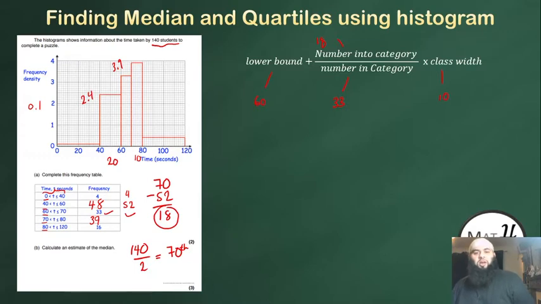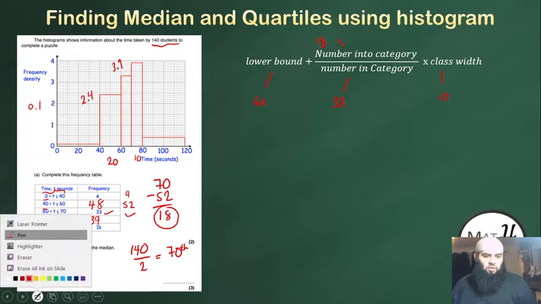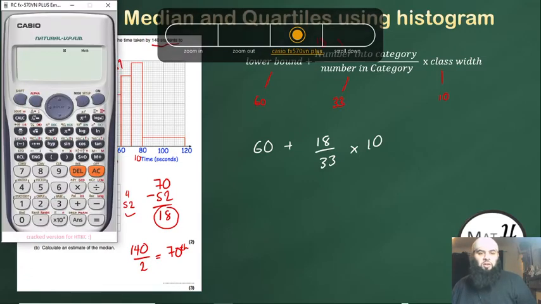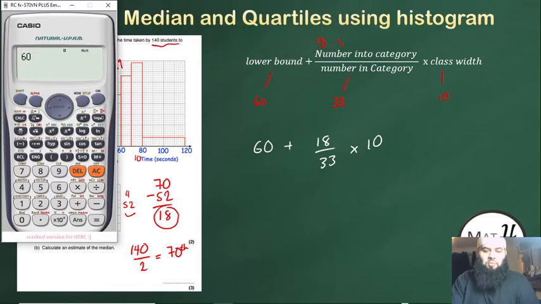So let me write this out in a different color. We got 60 plus 18 over 33 times 10. Okay, let's work that out on the calculator. We've got 60, and you have to make sure we put the brackets in, and use the fractions: 18 over 33 times 10. Let's put this into brackets just in case.